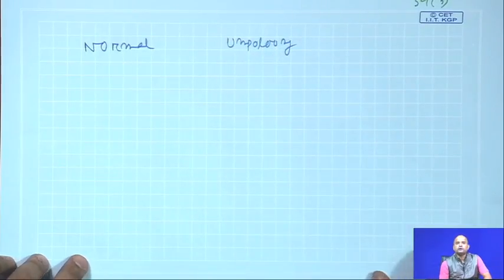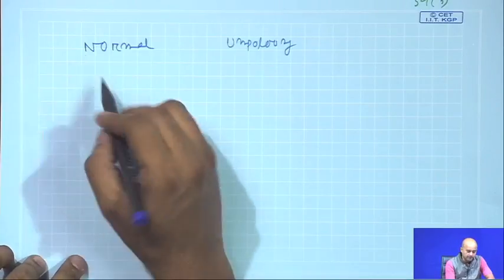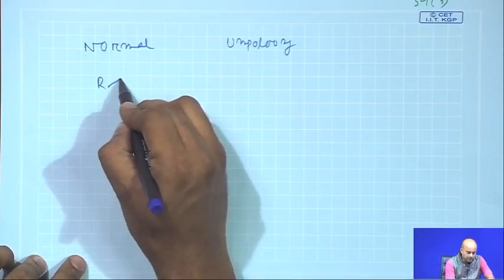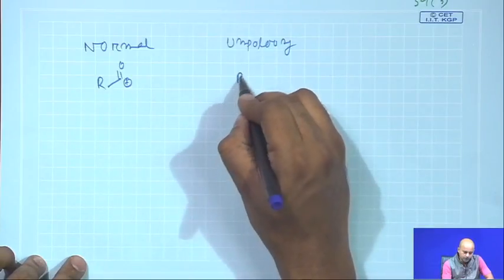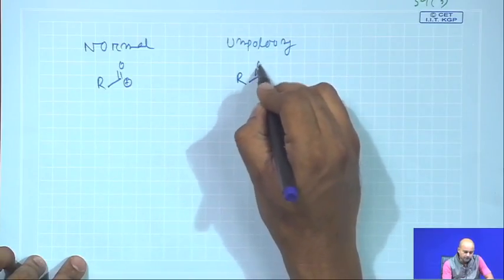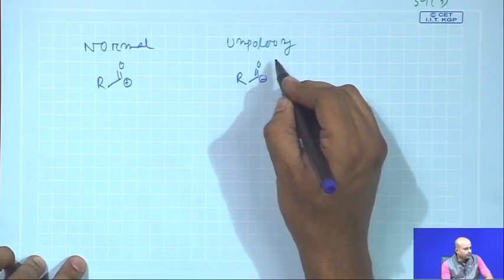As I said, synthons are usually not commercially available; you need to prepare them in the lab. So, I am saying the acyl cation is a normal synthon, but if you have an acyl anion, it is Umpolung.